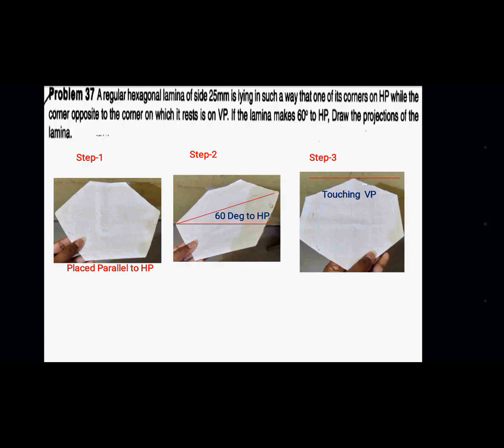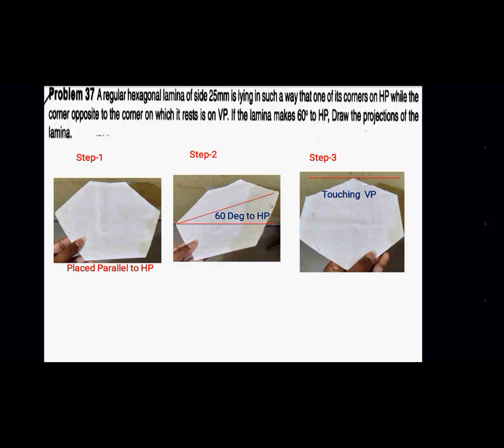So this is the problem. Let us decide whether it falls under category 1, HP resting, or category 2, VP resting. Which part of the sentence tells you that it's HP resting? It tells that it is lying in such a way that one of its corners is on HP.